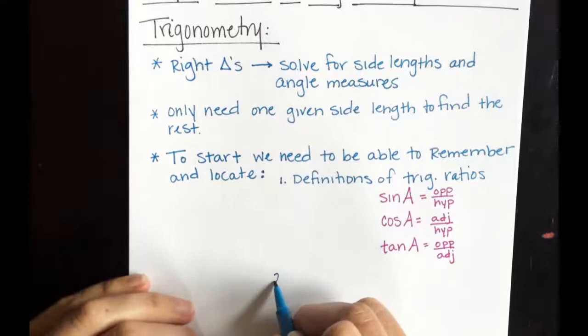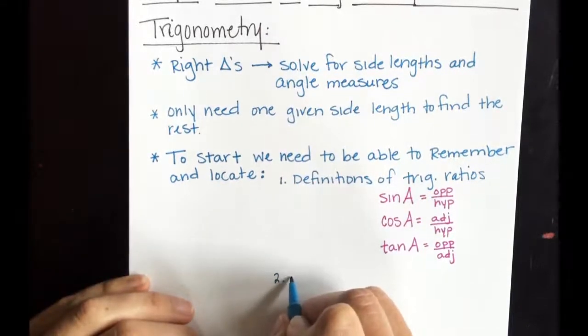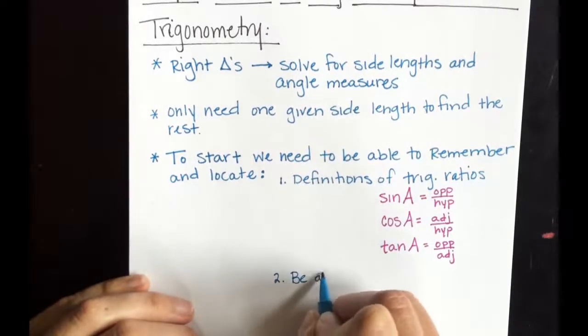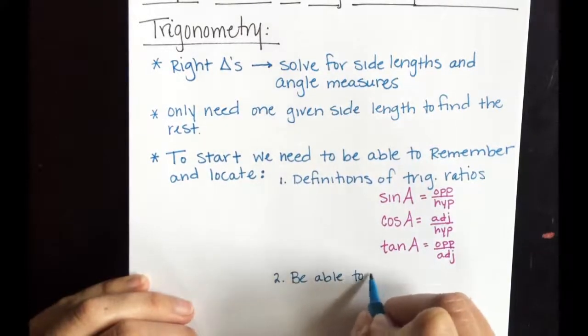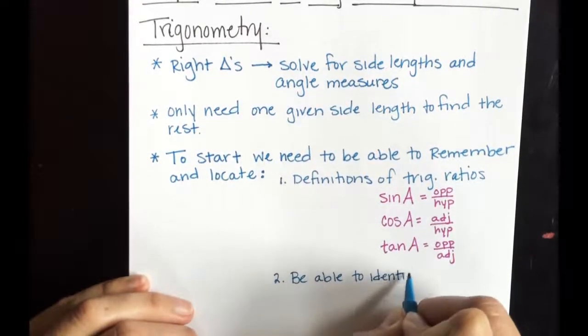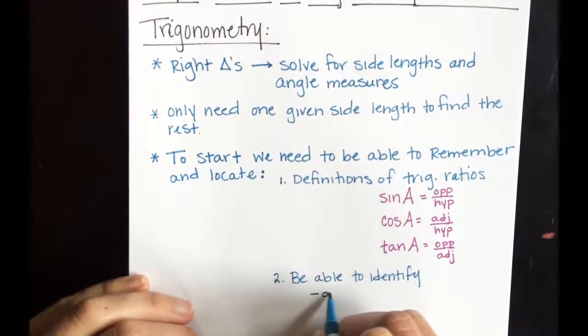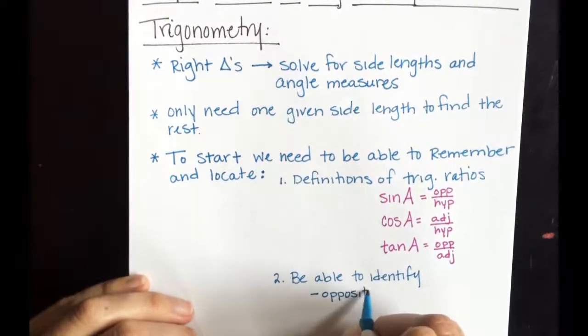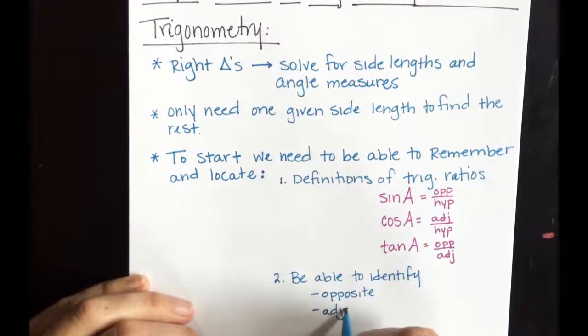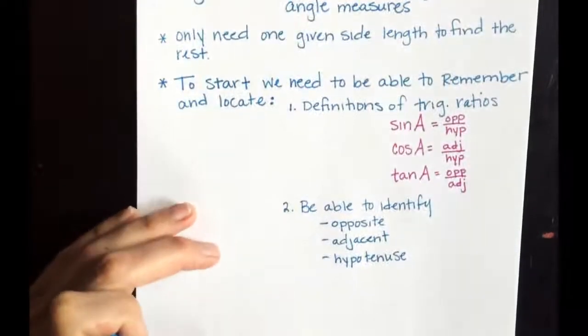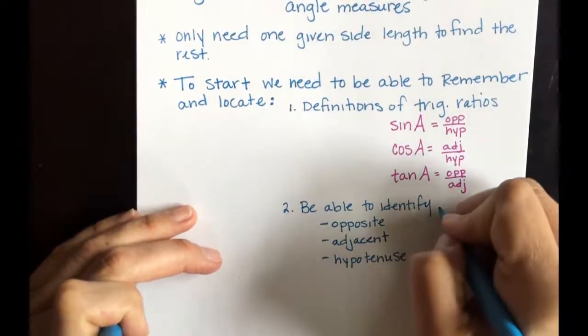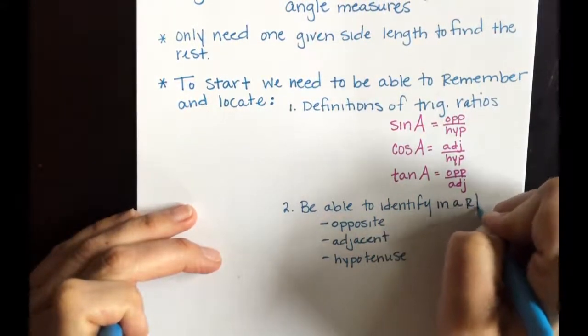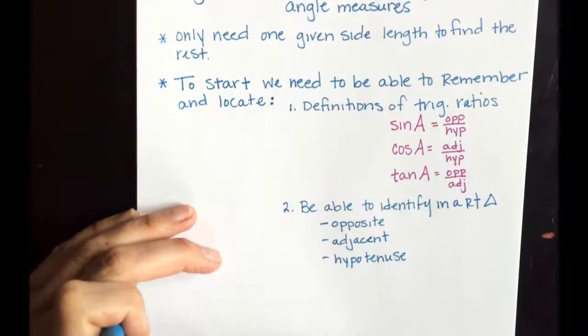In order to master the definitions, we're going to have to be able to identify opposite, adjacent, and hypotenuse in a right triangle.